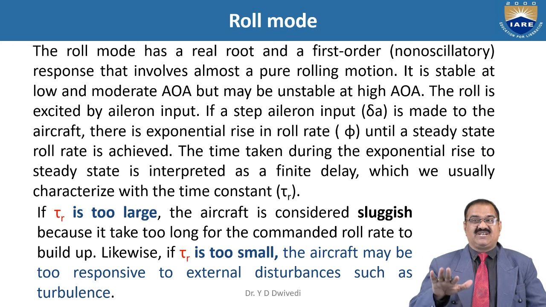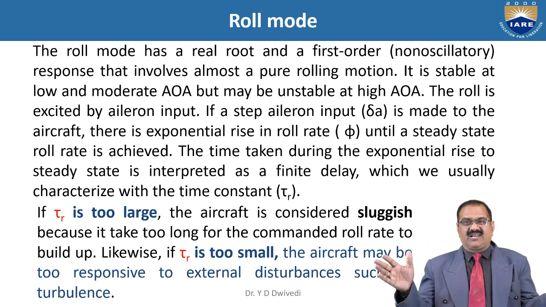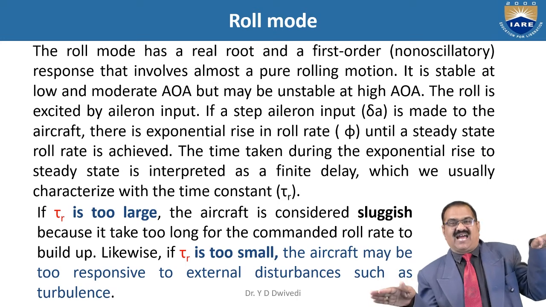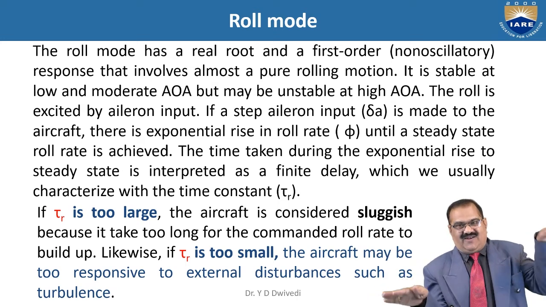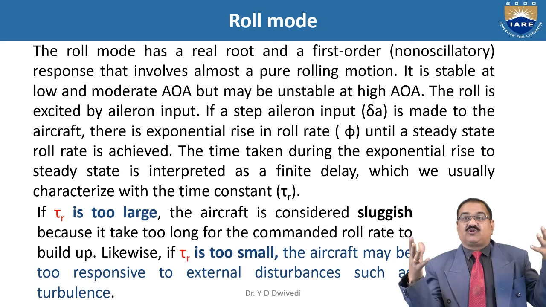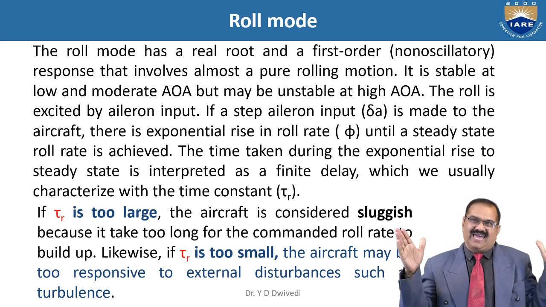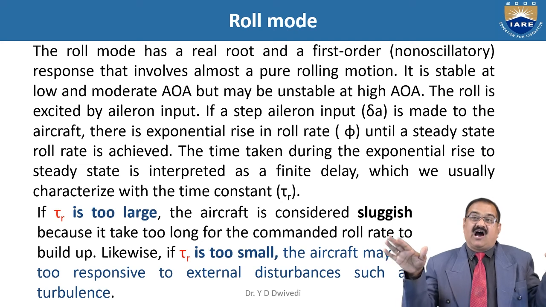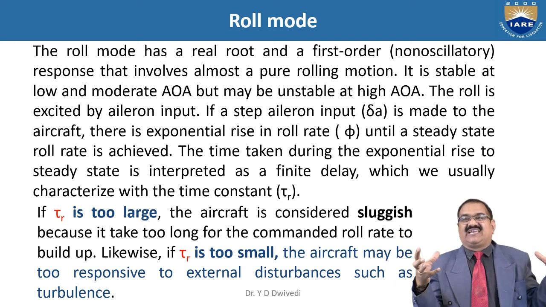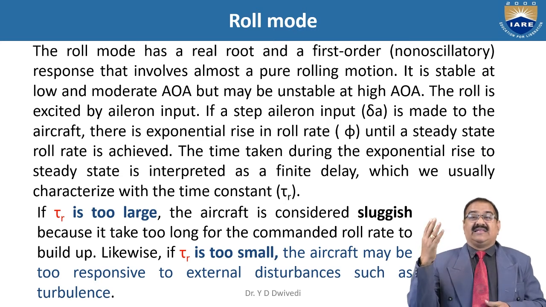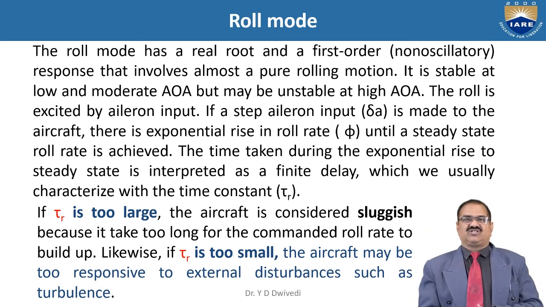So how much time is it taking? You apply the aileron, the aircraft will roll. After rolling, how much time does it take to stabilize? It is finite, a few seconds it may take. That time is called the time constant.